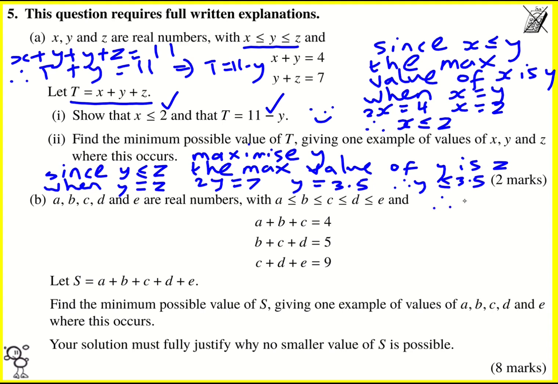So therefore, the minimum value of t is 11 minus this 3.5, which is going to be 7.5.